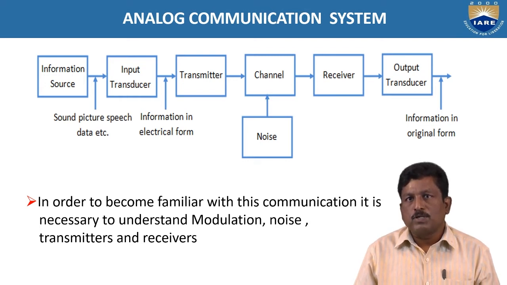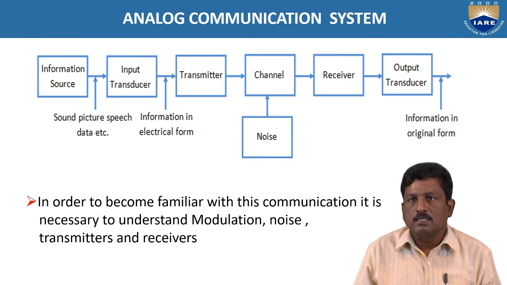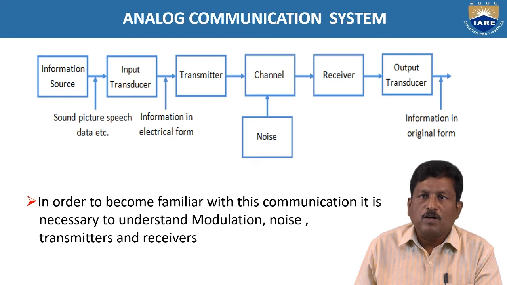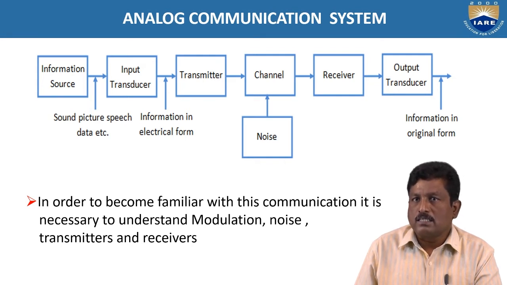Once you have the output of the input transducer as an electrical signal, you can give it to the transmitter, which is the first fundamental element of the communication system. There we have the modulation operation. By the help of modulation, the transmitter can transmit the electrical signal, which is the output of the input transducer.